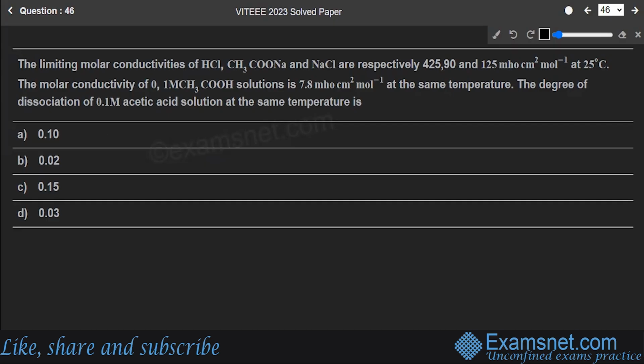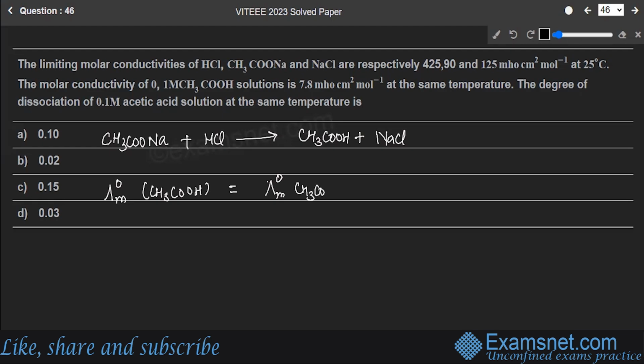So first thing, if I react sodium acetate with HCl, I'll get CH3COOH plus NaCl. Right. So according to this, the limiting molar conductivity for CH3COOH is equal to this ion plus the limiting molar conductivity for H plus.